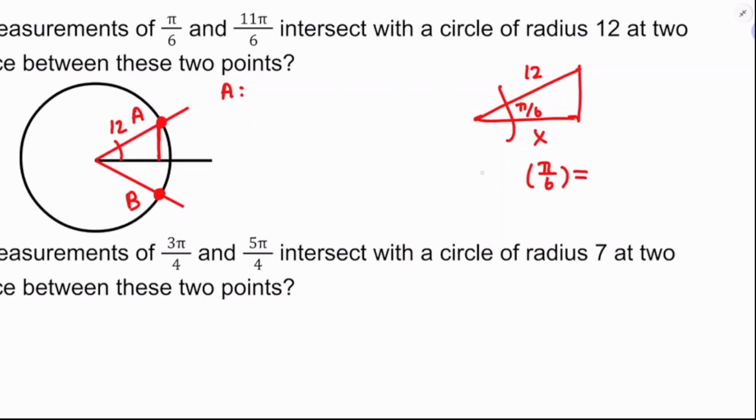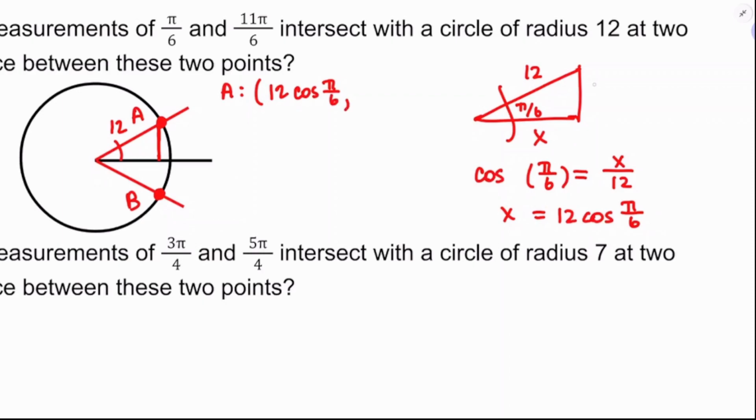So cosine of pi over 6 is going to equal adjacent over hypotenuse, meaning x is going to equal 12 times the cosine of pi over 6. Right, so A is going to have coordinates x equals 12 cosine of pi over 6.